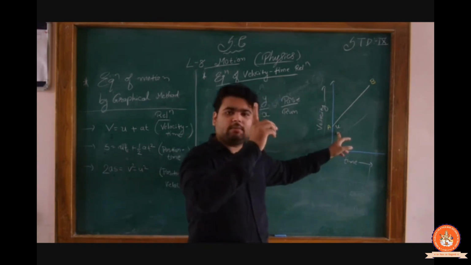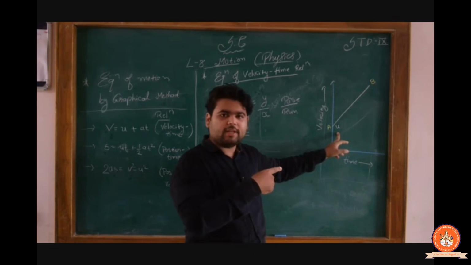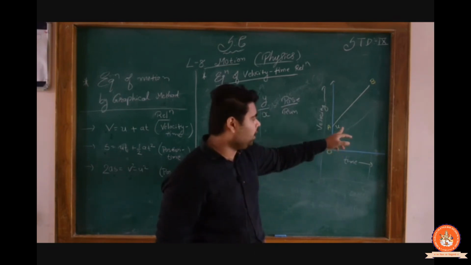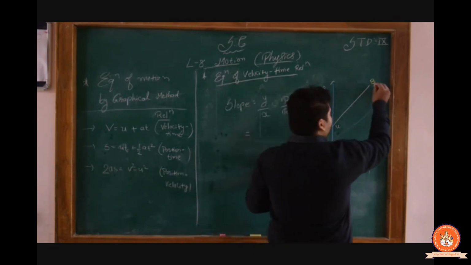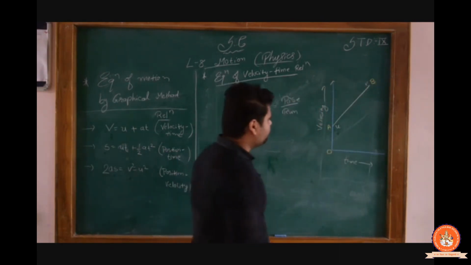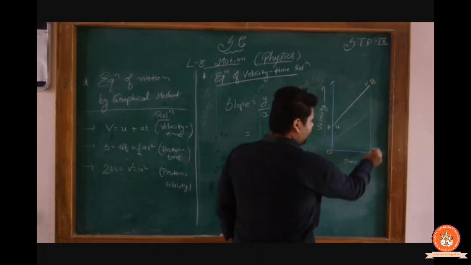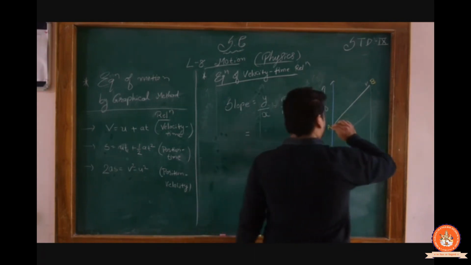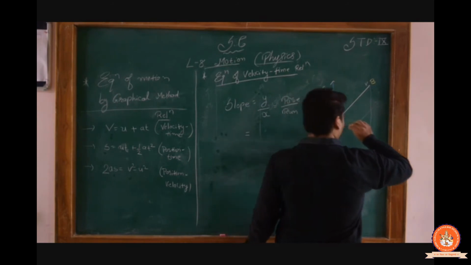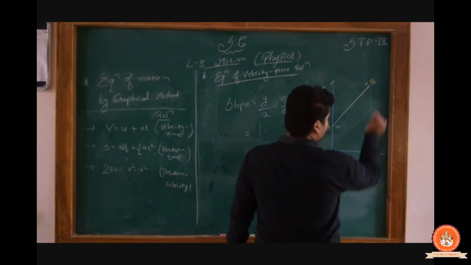From the symbol representation we have already studied that initial velocity can be indicated by u and final velocity by v. Clear? So first of all we will make the line here.